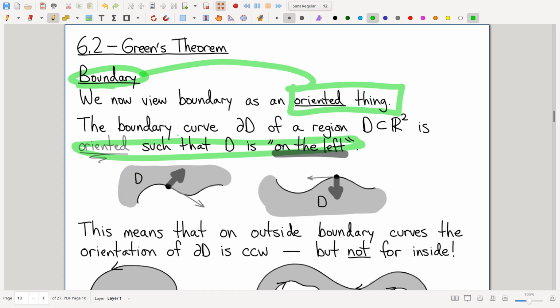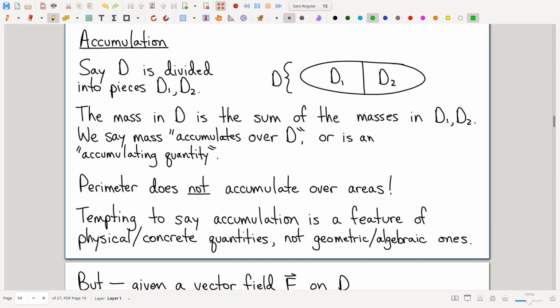Okay, so there's that. Next, this idea of accumulation. Now, not a new idea. We talked about accumulations in various instances throughout this course. Specifically, anytime you do an integral, right? An integral is always capitalizing on the quantity in question having the accumulation feature. Because really, all an integral is just expressing the whole as the sum of the parts.